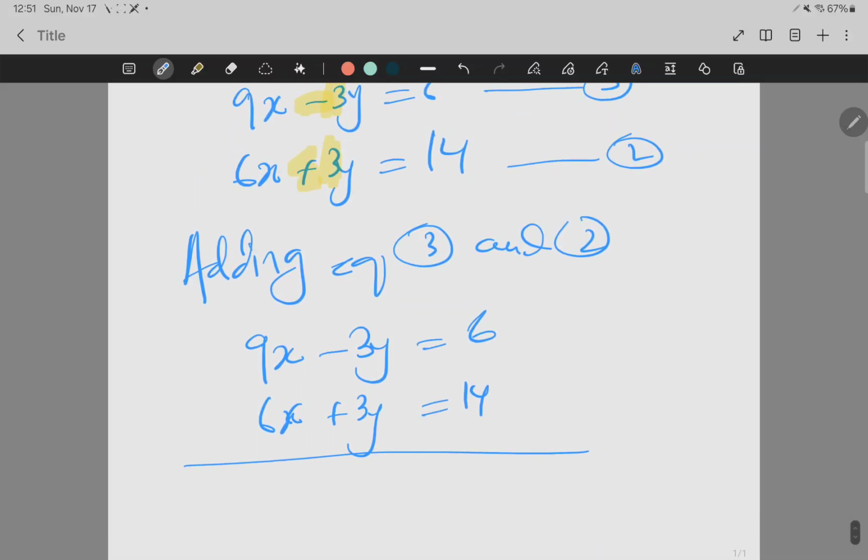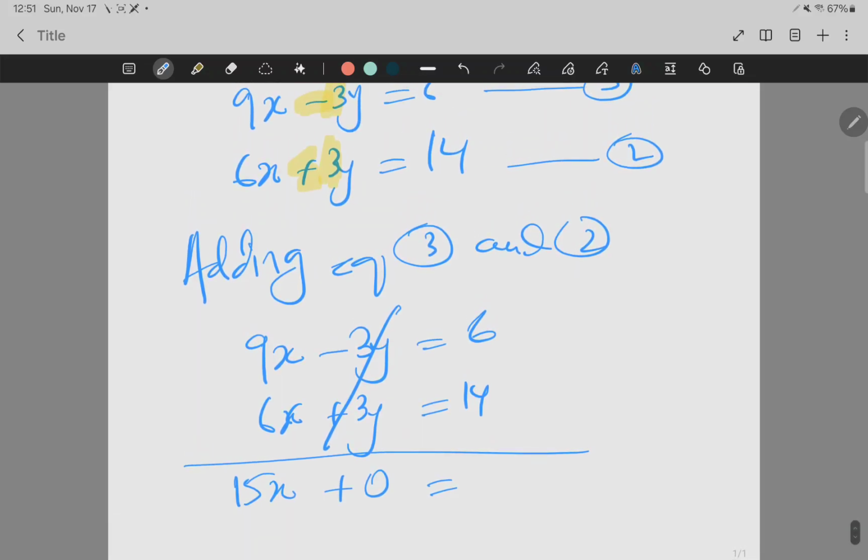So let's add them up. 9 plus 6, I think it's 15. Plus, this is minus 3 plus 3. You put it in a calculator, and I don't know how comfortable you are with mathematics. Same number, different signs. Cancel them out. Minus 3 plus 3 will give you 0.